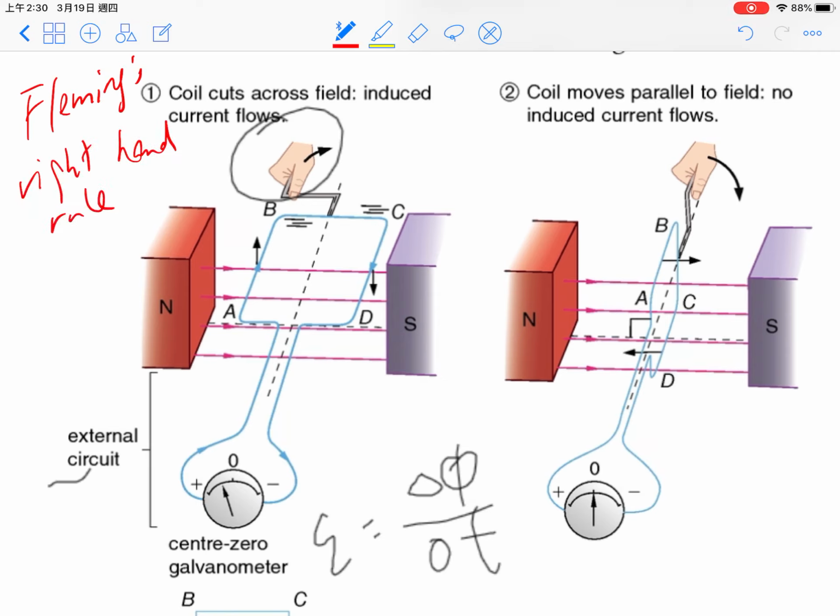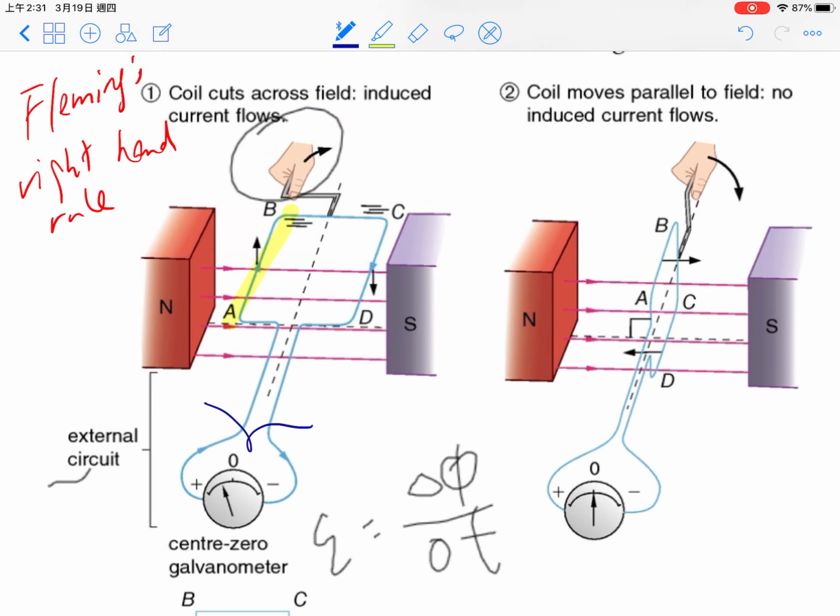If the wire AB is moving up, it will cut through magnetic field lines, so we can have induced current. The wire is moving up, so the thumb points up, the B field goes from north to south, so the first finger points to the right-hand side, and you get an induced current which is into the paper.